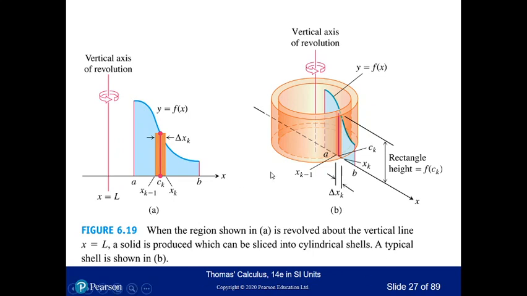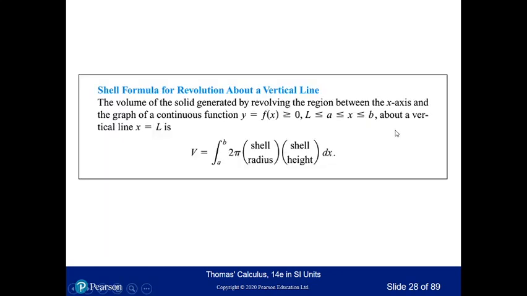This explains how it works in general. Let's say this is the region, y is equal to f of x, and we form our delta x here, xk is fixed. We have a to b, and we have x is equal to l, the vertical axis of revolution, and we revolve this region around the vertical axis of revolution. When you open this up, you get this.